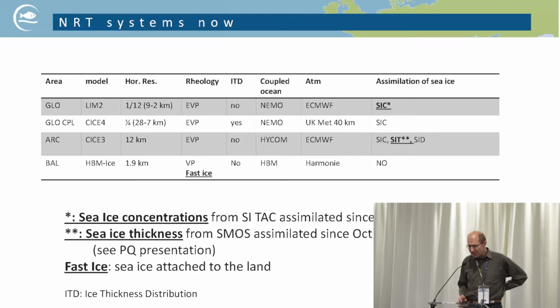So in the global MFCs, you've seen that on 1st of January 2015, the sea ice concentration started to be assimilated. And if you look at the skill scores, with 1 being perfect and 0 being bad, the scores are much improved after the estimation of ice concentrations, both in the Arctic and in the Antarctic.